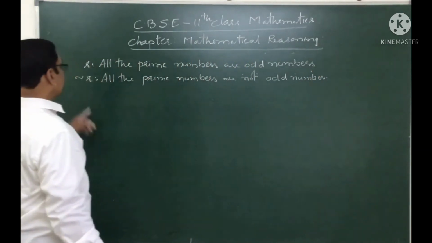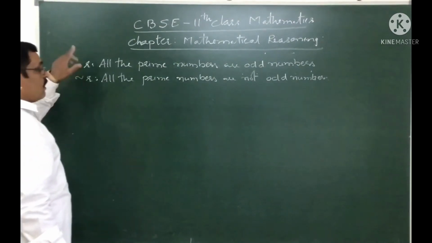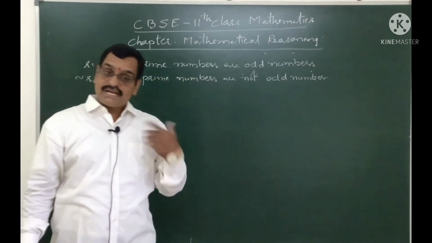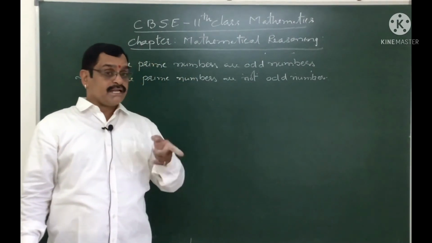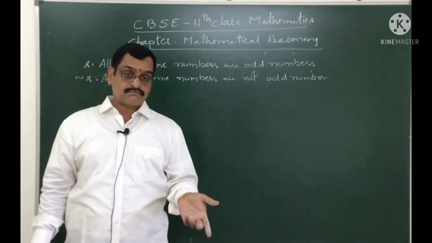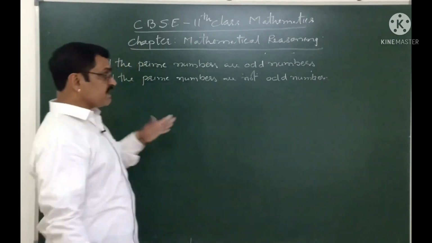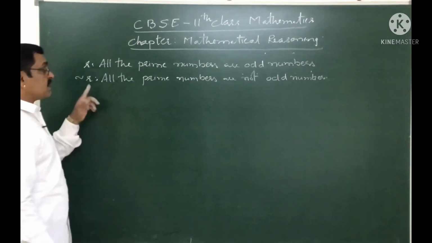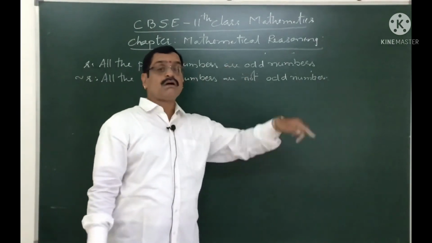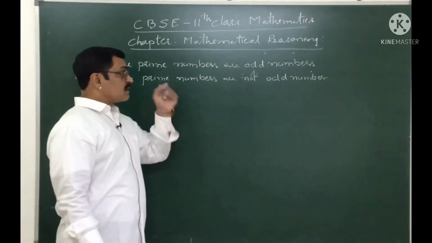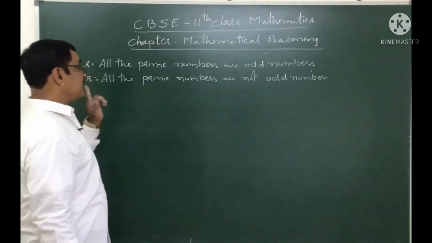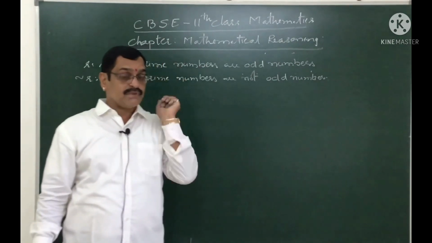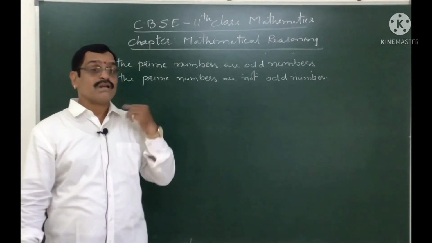Here the statement given is all the prime numbers are odd numbers. You are denying that. Again I am telling, denying is different from opposing. So you are saying no to that statement. Now what is the negation statement? All the prime numbers are not odd numbers. That means you are believing that there is at least one prime number which is not odd. That is your belief. That is, you are denying the statement.